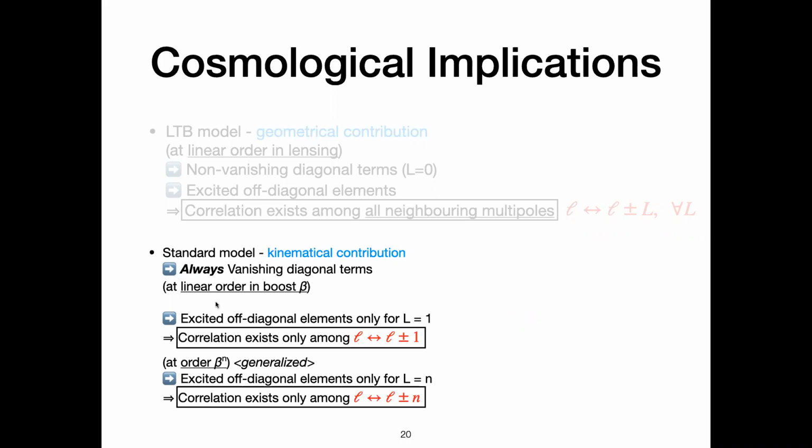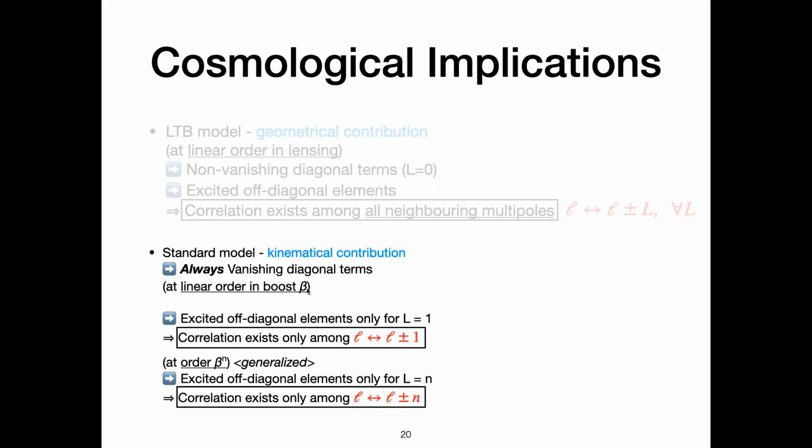Moreover, at linear order in the velocity of the observer, which we call the boost velocity, if we calculate the temperature anisotropies at linear order in this velocity, we see that the correlations exist only among L and L plus 1.